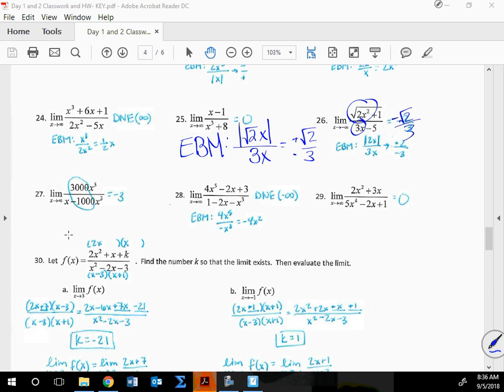Alright, so I just want to touch base on this again because I feel like this is a type of limit you didn't deal with a whole lot last year. So again, anytime that we're looking at our end behavior model, that is when we're having x approach positive or negative infinity. If our degrees are the same, we know that we just take our coefficients. If it's top heavy, we know it's going to be a DNE where you have to investigate whether it's positive or negative infinity. And we can see an example there with number 24 here. If I look at what controls the top, it's x cubed, and what controls the bottom is 2x squared.